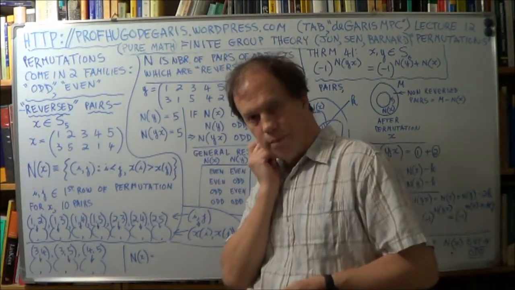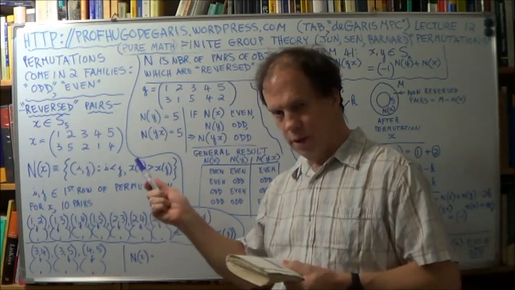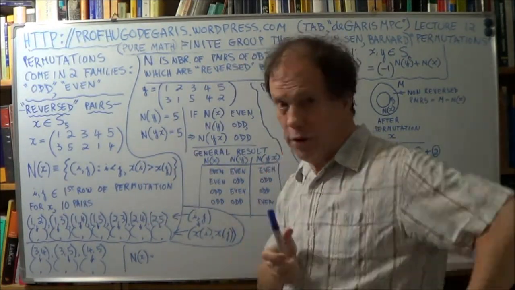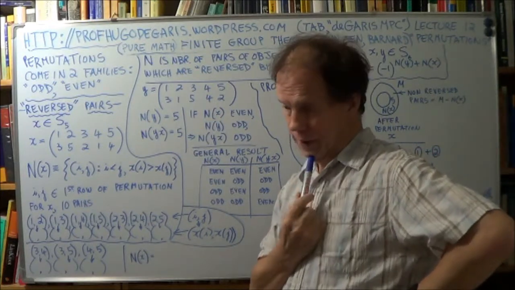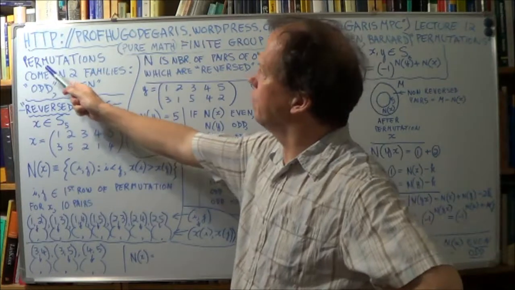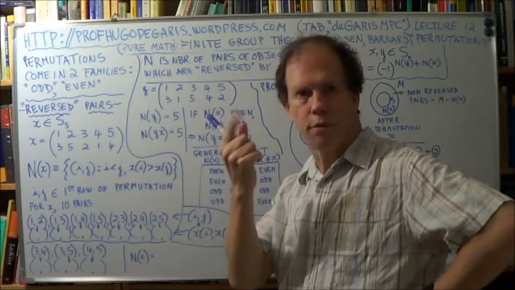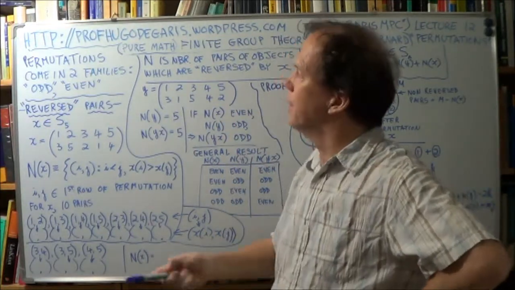We're talking about permutation groups, and I'd like to now introduce you to a new concept, very important in the context of permutation groups, and that is the notion that all permutations are of two broad types, two categories, two families.